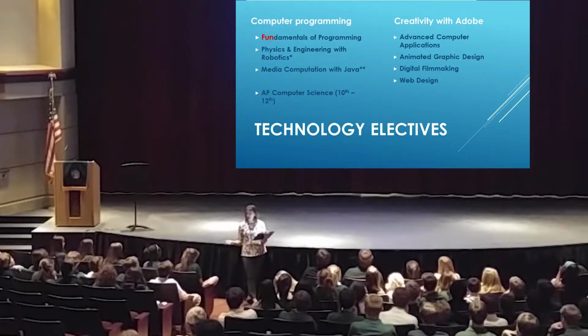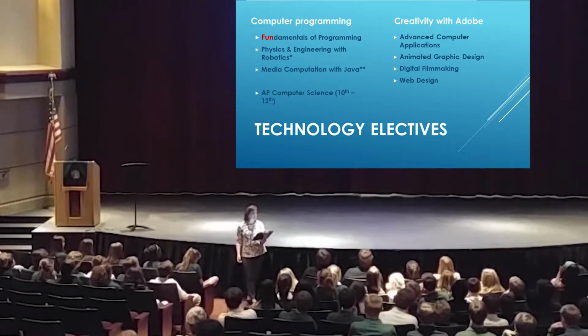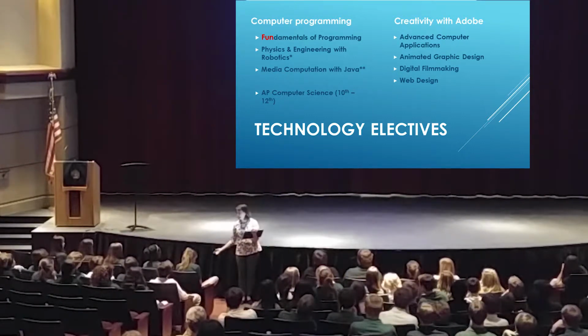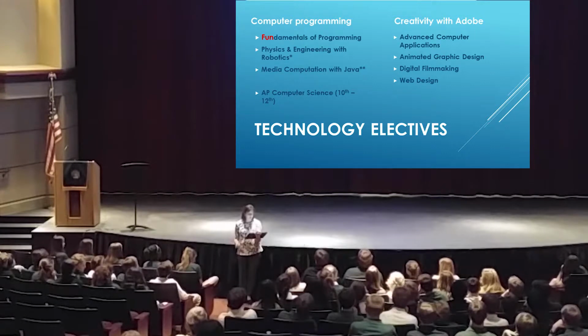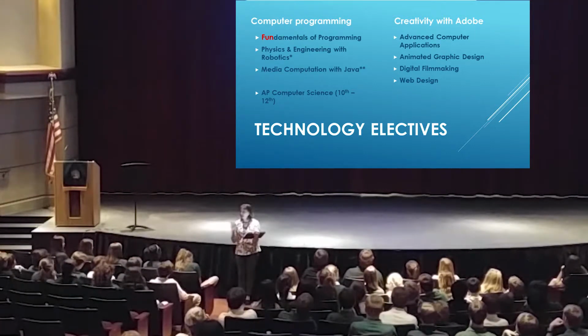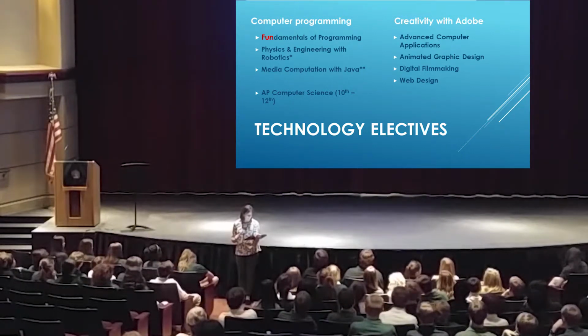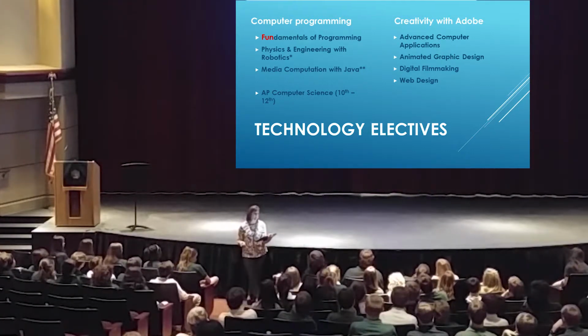There are two basic areas in technology electives. One is computer programming, and the other one I'm going to call creative with Adobe. It's not exclusively Adobe, but that's basically what it is. For computer programming, I will talk about these individually in a minute: fundamentals of programming.